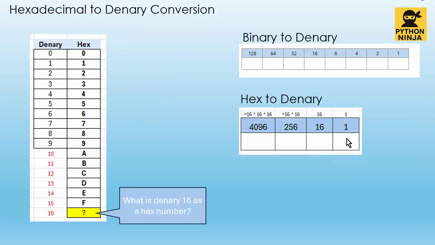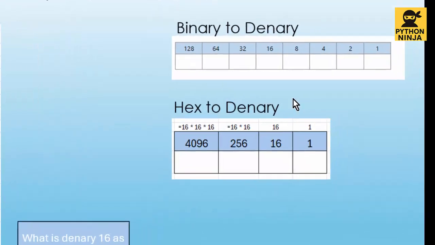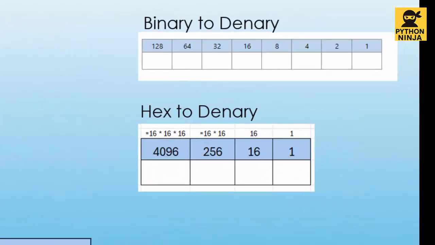So the hex to denary conversion table works in exactly the same way that the binary to denary conversion table does. This binary conversion table goes up in powers of 2. So 2 times 2 is 4, 2 times 2 times 2 is 8, 2 times 2 times 2 times 2 is 16, and so on, because it is base 2.